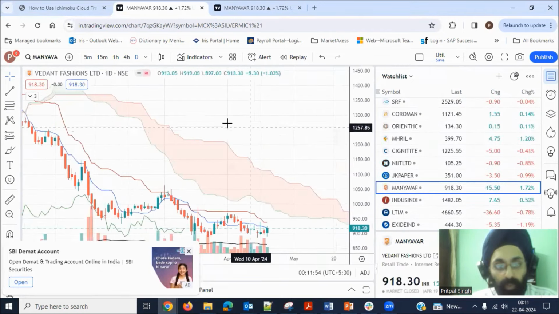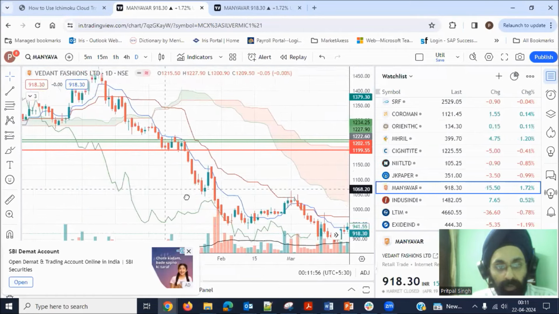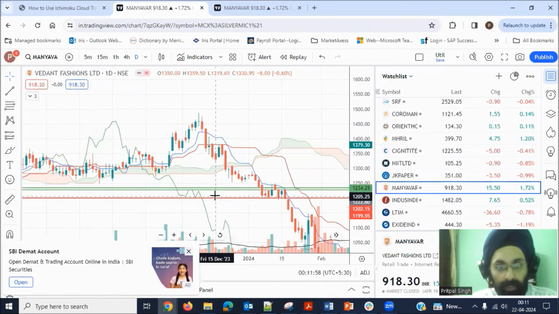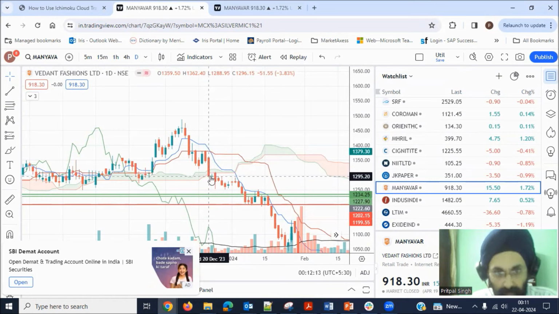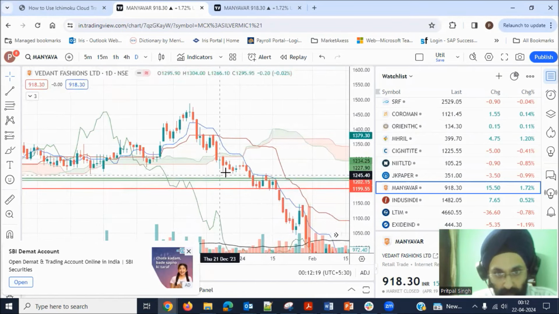Okay, so let's talk about another stock, which is Vedant Fashion. Here the price closed below the lower boundary of the cloud, which is our entry signal for the bearish Ichimoku cloud breakdown strategy. We will talk in a similar fashion as we did in the cloud breakout strategy.